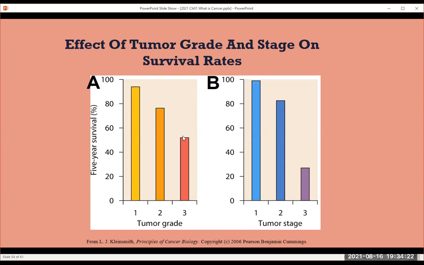But as you increase in tumor grade, it decreases quite rapidly, right? That's almost a 50% decrease. Tumor stage as well. Tumor stage 1 is really good, but by the time you get to tumor stage 3, the 5-year survival rate is below 30%, right? So it's very indicative of the future for this patient and their prognosis.